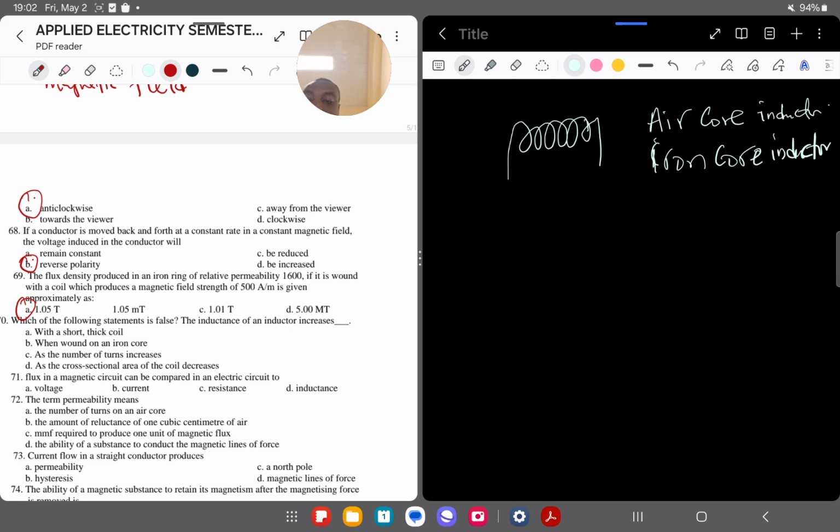So we are interested in the inductance of an inductor, so you have to write this formula.